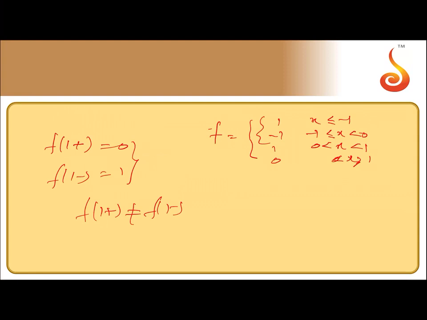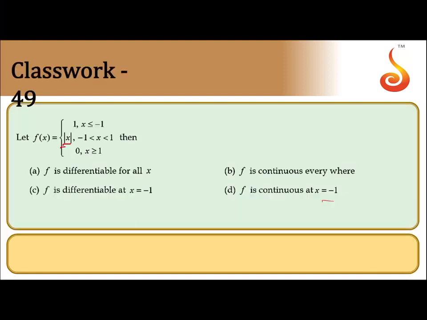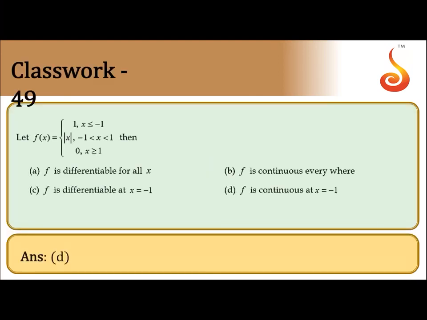Clearly you could see that the derivative at this point minus 1 is 0 and 0, so it is differentiable. So therefore, differentiable at minus 1. So the answer is D.